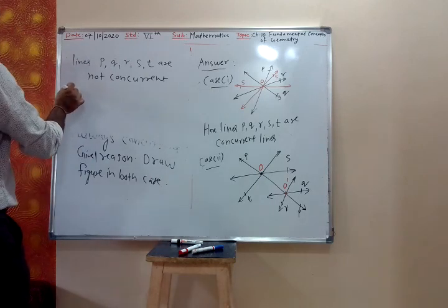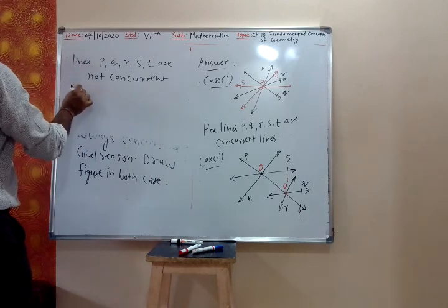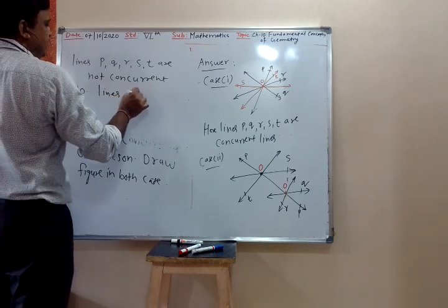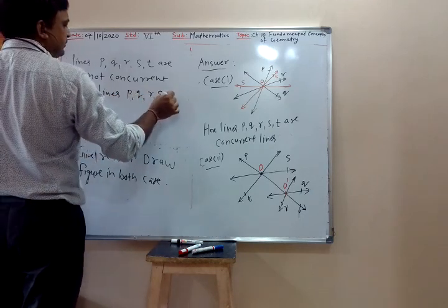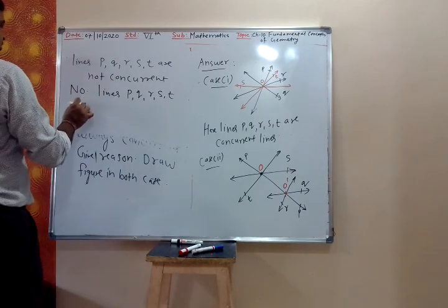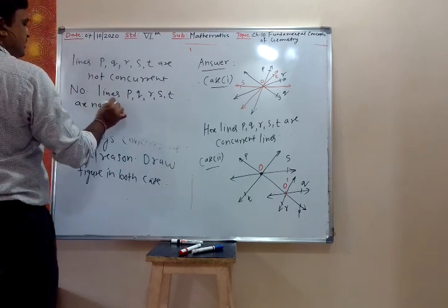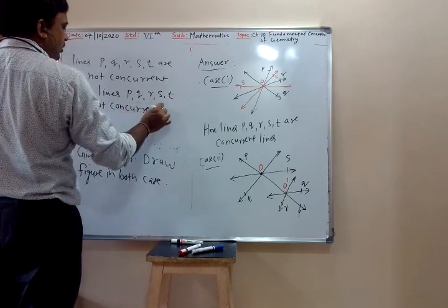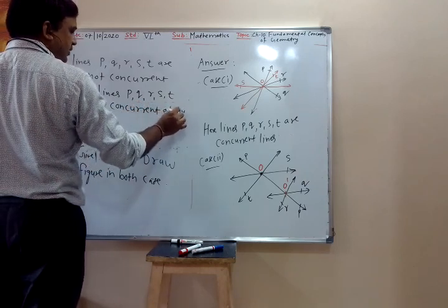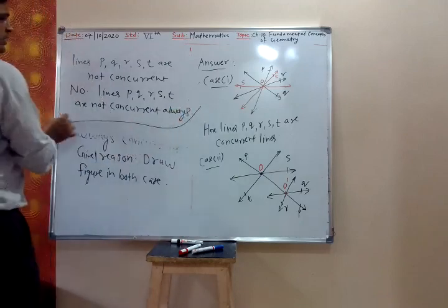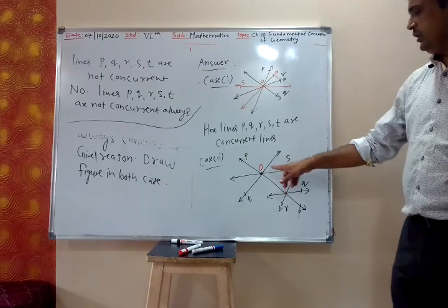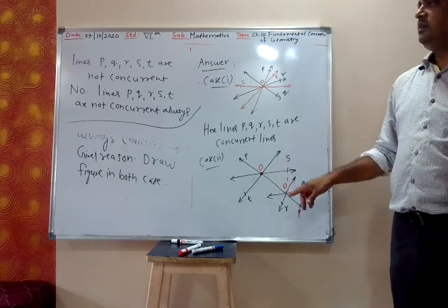So the answer is no. Lines PQRST are not always concurrent, because in case 2 they meet each other at two points, O and O dash.